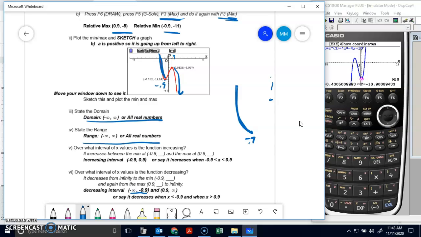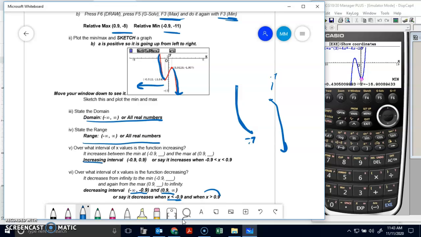From an x value of 0.9 to positive infinity, it's also decreasing. So again, everything to the left, less than negative 0.9, and then after the maximum, greater than 0.9.